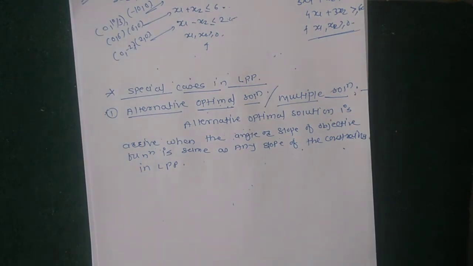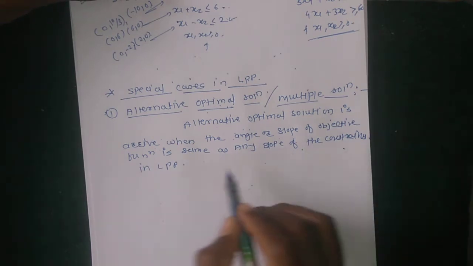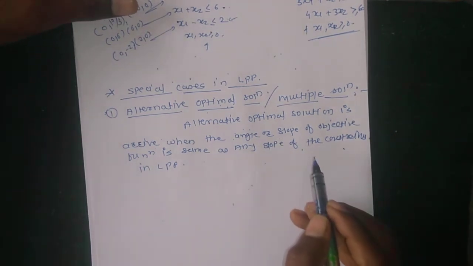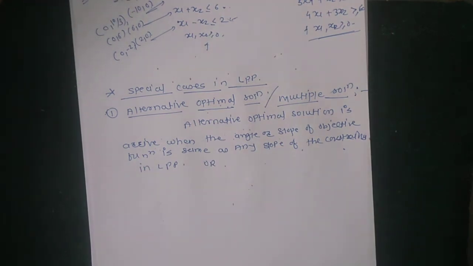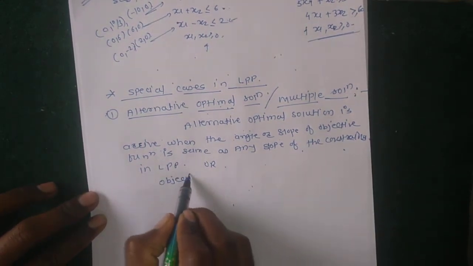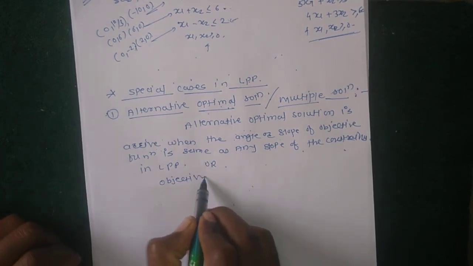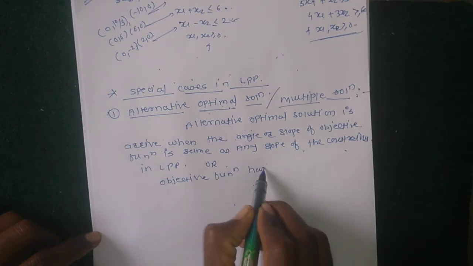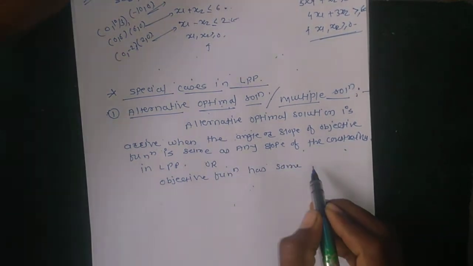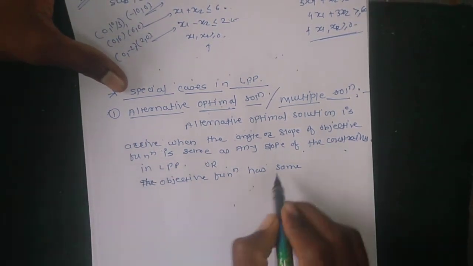Alternative solution means the slope or angle of the objective function is the same as the slope of another constraint.